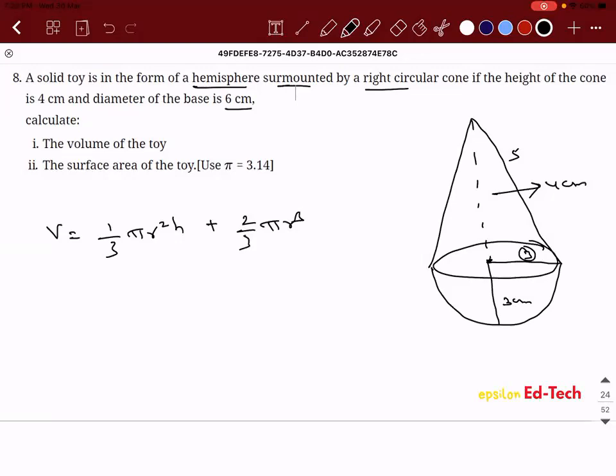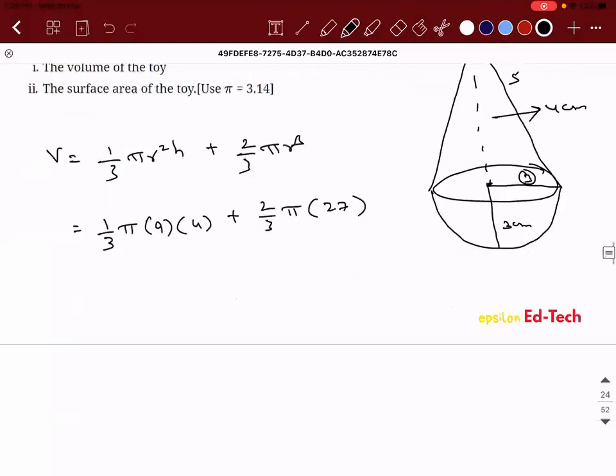So how much is the answer, guys? 1 by 3 pi into r square is how much? 9, into h is 4, plus 2 by 3 into pi into r cube is 27. So this goes 3 times. So you have 12 pi plus 18 pi, that will give you 30 pi. Is that right? So 30 pi centimeter cube.